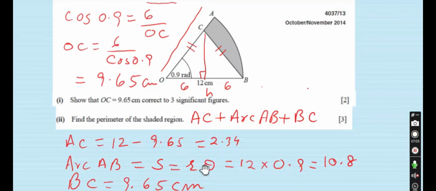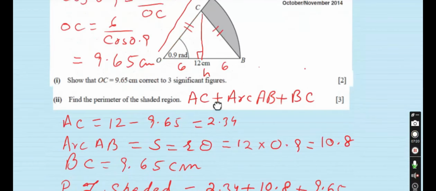First, we have to find the area of the whole shape. The whole shape represents the sector, that is OAB. So what is the formula of the area of a sector? 1 upon 2 radius square into theta. Radius is 12.